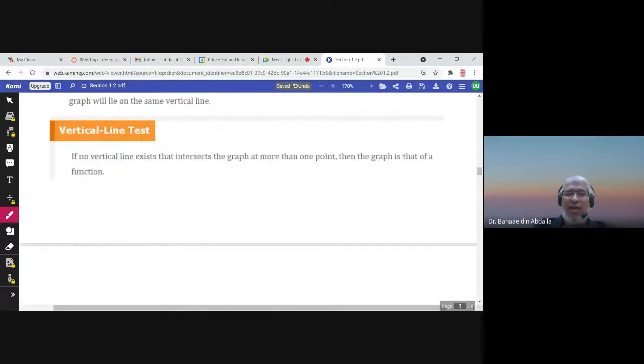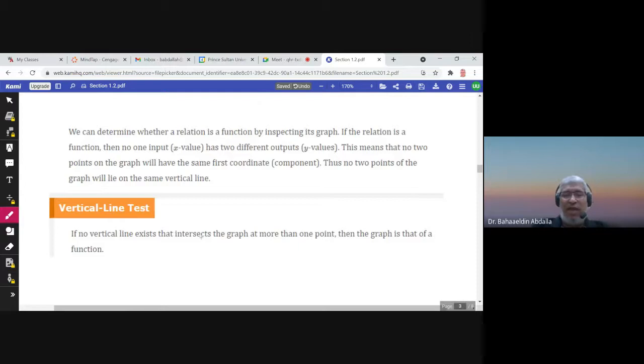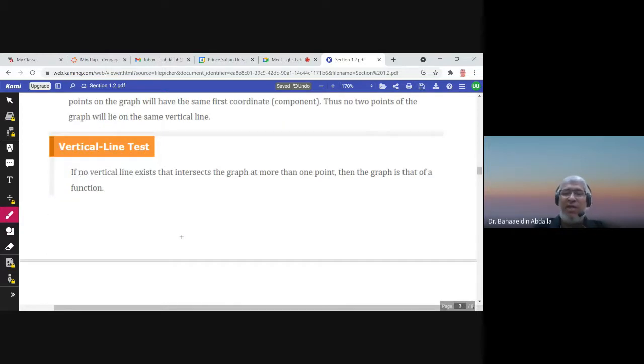We can find out using the vertical line test whether a graph represents a function or not. If no vertical line intersects the graph at more than 1 point, then the graph is a graph of a function.